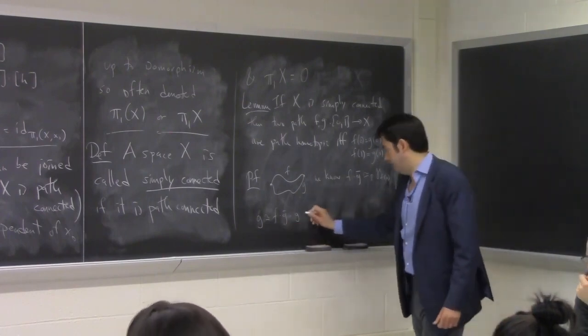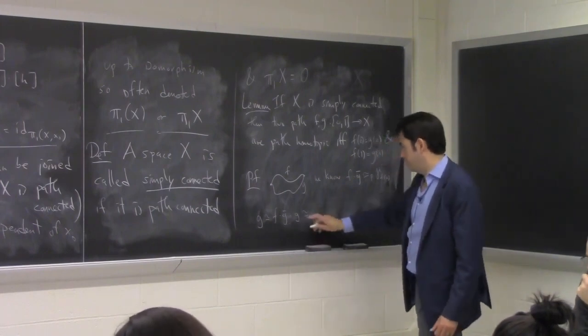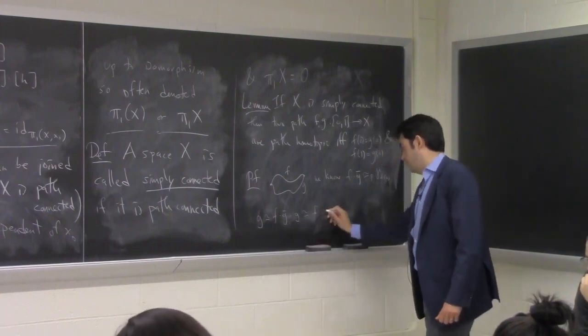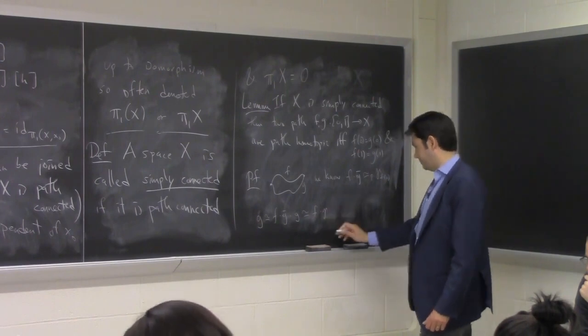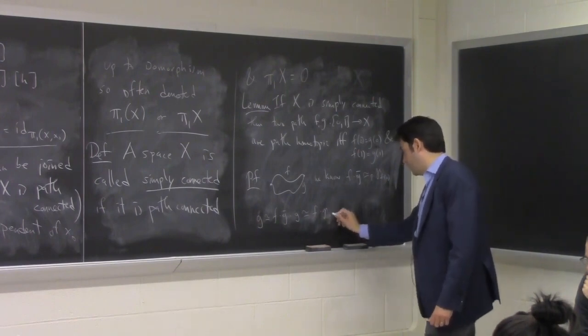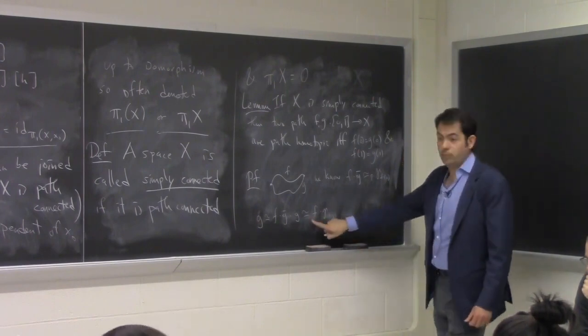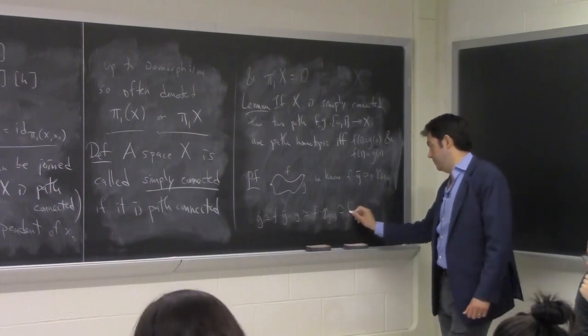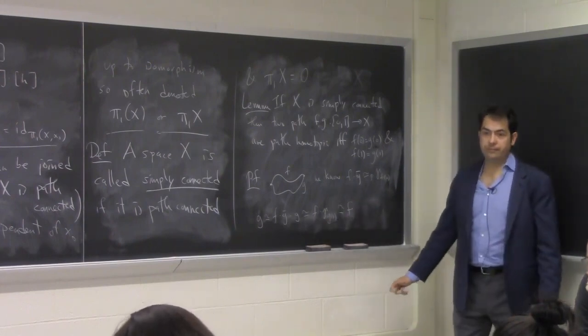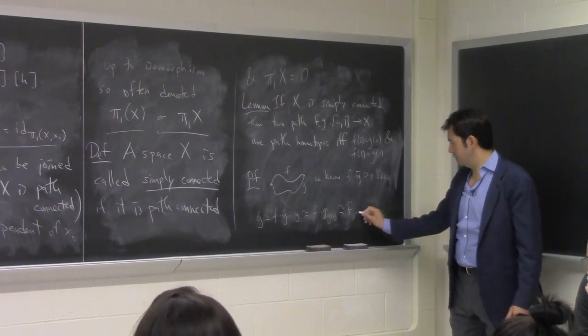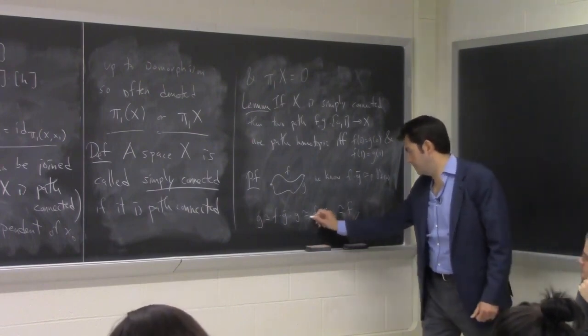And then this is homotopic to the constant loop at g1, and that's homotopic to doing nothing, so that's f. These are all path homotopies.